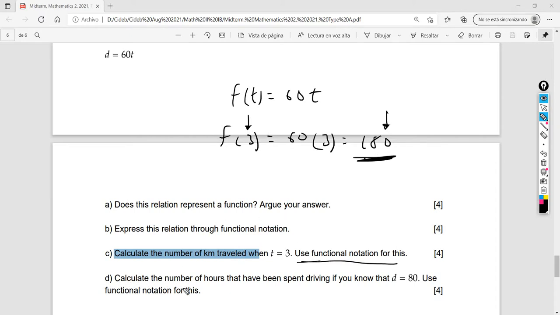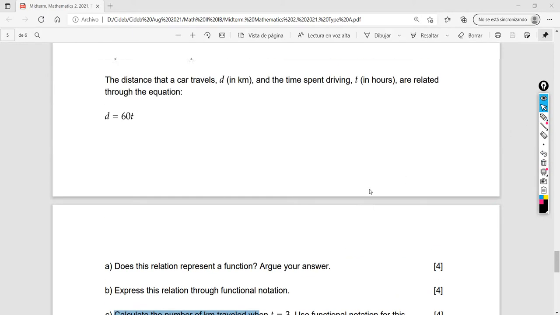And D, calculate the number of hours that have been spent driving if you know that the distance traveled is equal to 80 kilometers. I don't need to add kilometers here. You may be thinking, teacher, you should add the unit. No, because I already expressed that idea at the very beginning.